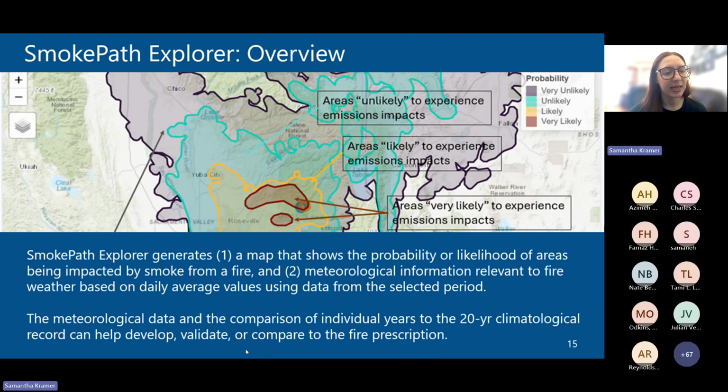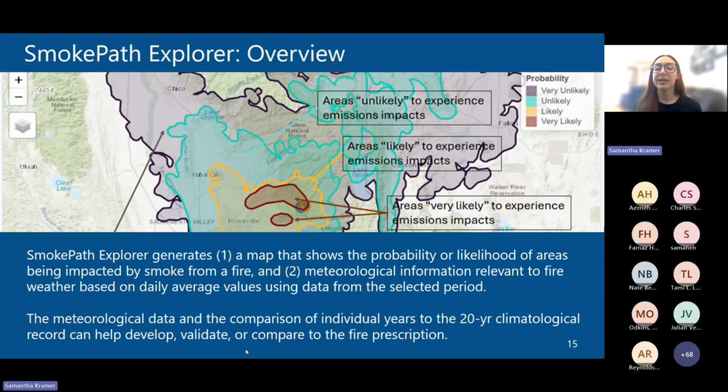And I want to highlight what comes out of this tool. Once you've selected your location where you're going to burn, what time of year you're interested in, what plume heights you're interested in, and what time of day, you will get a map that shows the probability or the likelihood of areas being impacted by smoke from that fire. So this ranges from very unlikely to very likely.